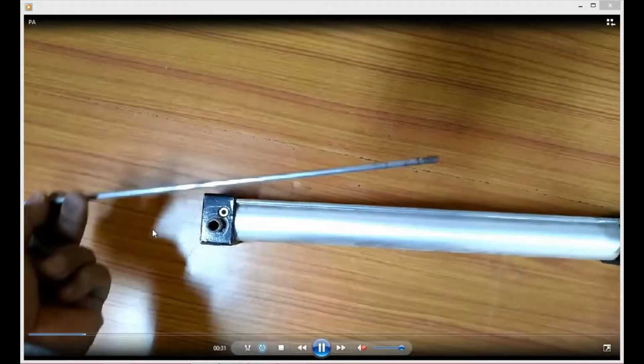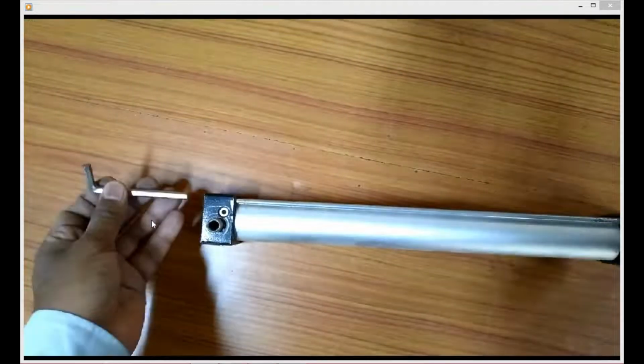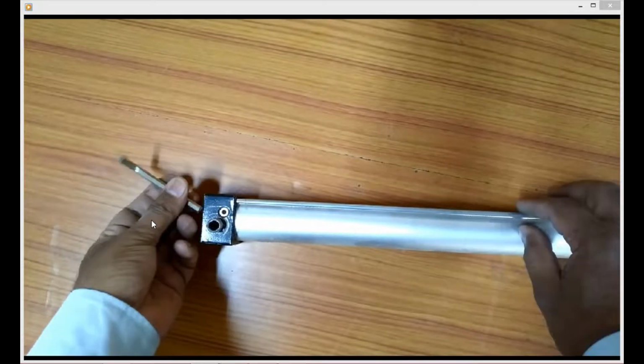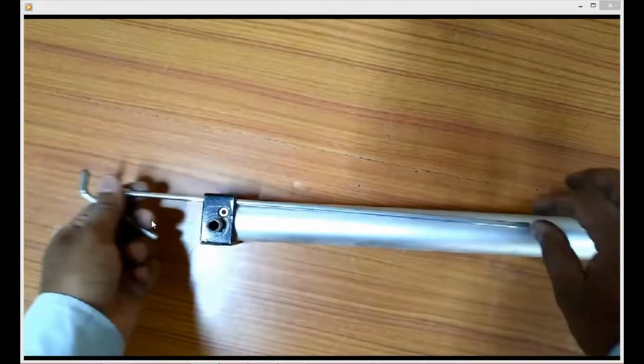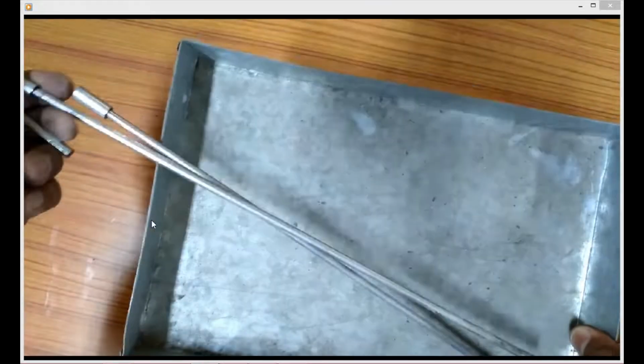In this way you can remove all of them, and keep them in the proper trays, tray number 1, tray number 2, tray number 3, etc. If the same dimension is present for all the fasteners, then you can keep them in the same tray. So this is the practice for removing the extension rods.